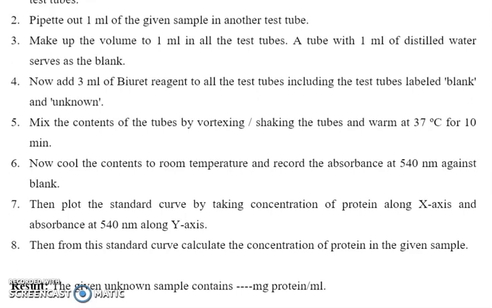Now cool the contents to room temperature and record the absorbance at 540 nanometers against the blank. Then plot the standard curve by taking concentration of protein along the x-axis and absorbance at 540 nanometers along the y-axis. Then from this standard curve, calculate the concentration of protein in the given sample.